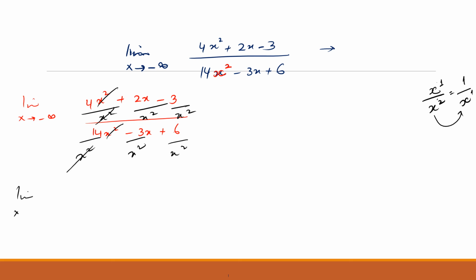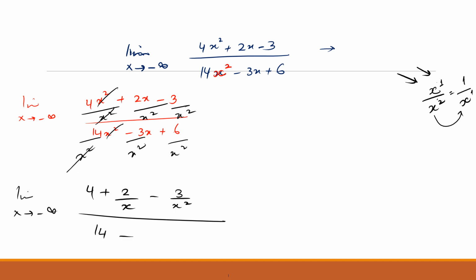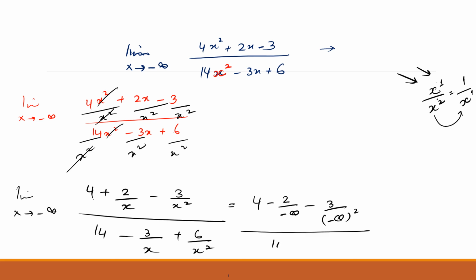Okay, so write down the final answer. So here 4x over x square means x, but in the denominator, as I show over here, you cannot simplify more. So you will have 14 minus 3x over x square means 3 over x, and the rest as it is because we cannot simplify. Now apply the limit. So where we have x, we will replace it by negative infinity.